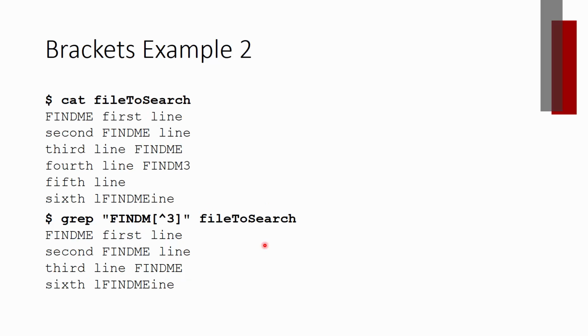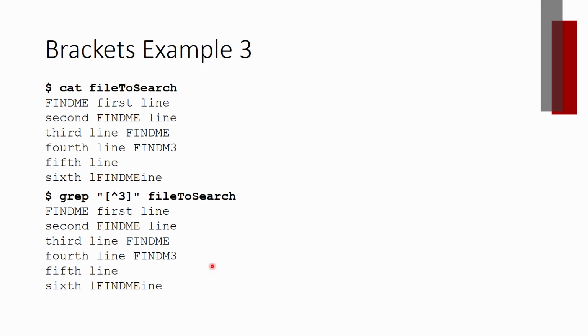A second example here says match any one character here except a 3. So we're explicitly excluding the fourth line, because that ends with a 3 at the end of the find me construction. So that line will not be returned at all here.